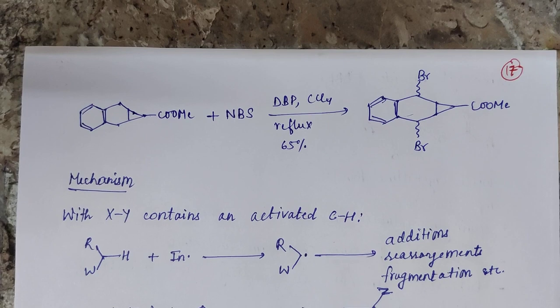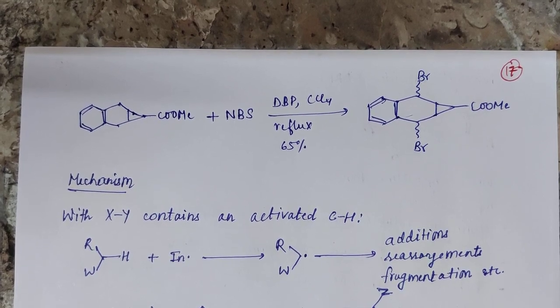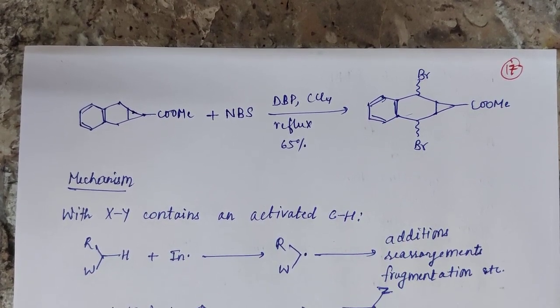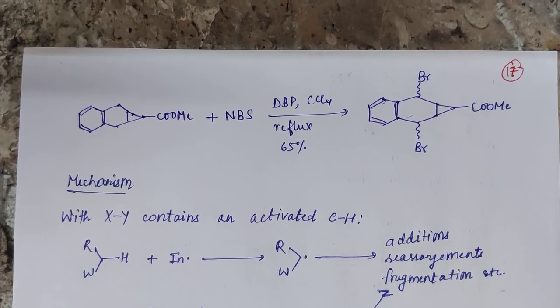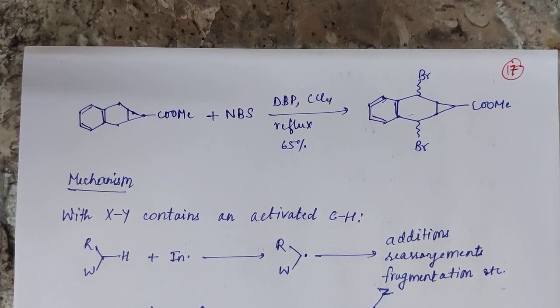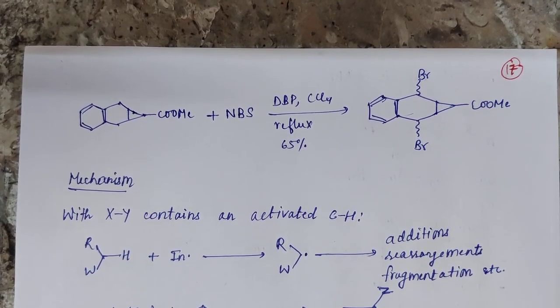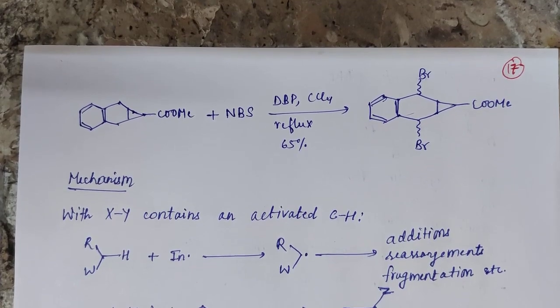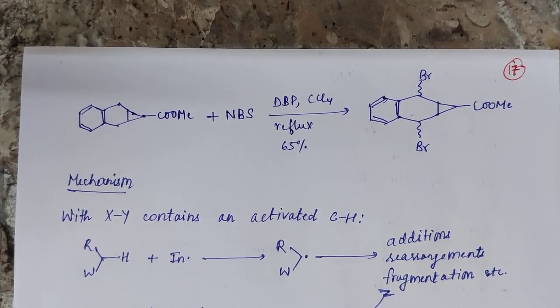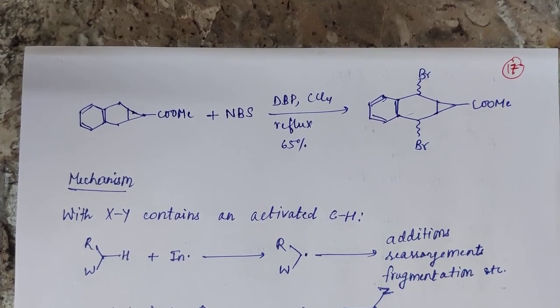Now we have a reagent. We reacted it with N-bromosuccinimide, NBS, in presence of our radical initiator DBP in chloroform, and we perform reflux. 65% yield is obtained and brominated product is obtained.